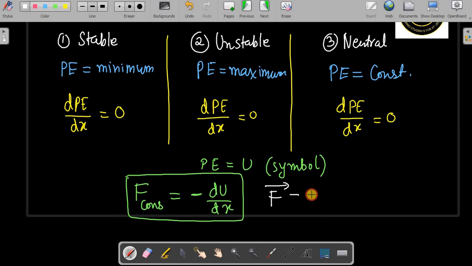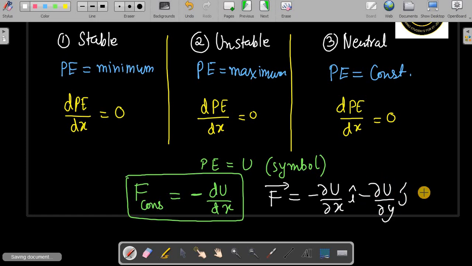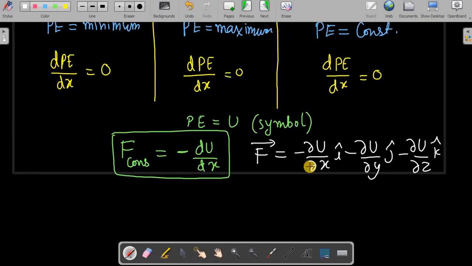Force can be written as minus ∂U/∂x i cap minus ∂U/∂y j cap minus ∂U/∂z k cap. This is the force vector. And if you are writing it in terms of the symbol, there is a del vector acting on U. This is the conservative force.